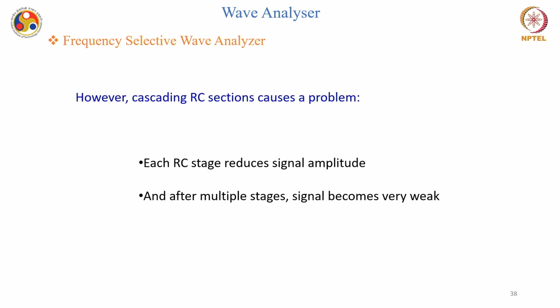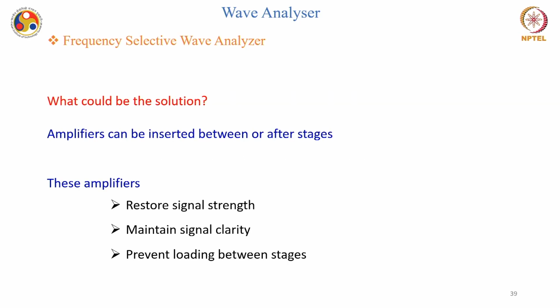However, this kind of cascaded RC arrangement causes other problems: each RC stage reduces the signal amplitude, and after multiple stages the signal becomes very weak. So, what could be the solution? For weak signals, we have already seen that amplification can be one of the solutions. Therefore, filter amplifiers are inserted between or after the initial stages.